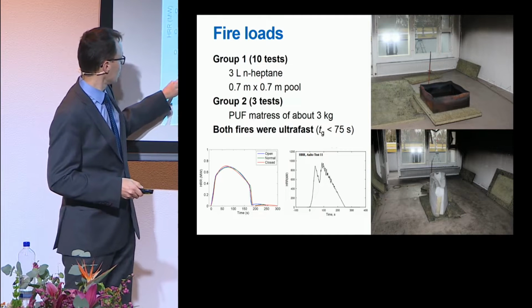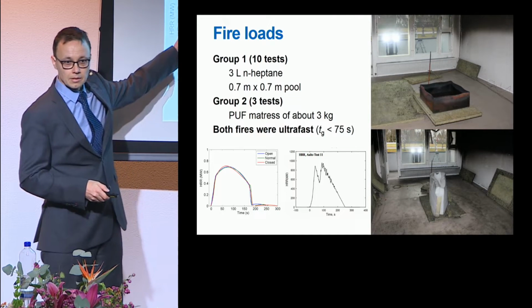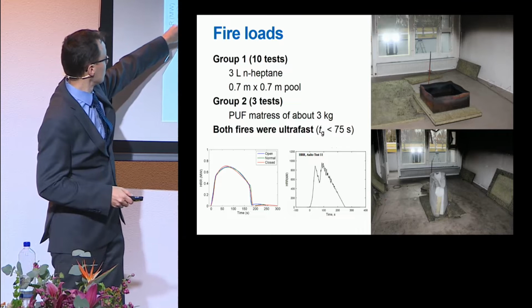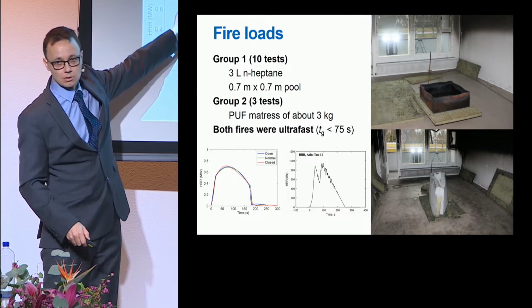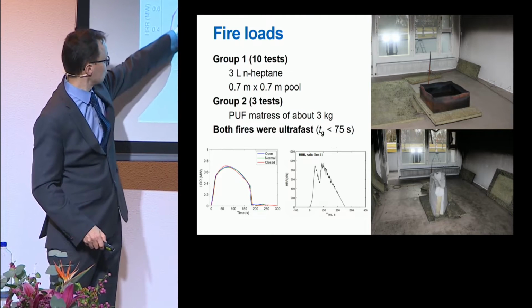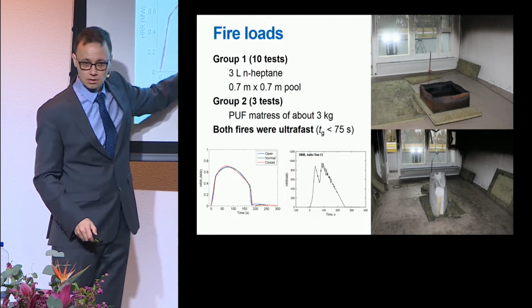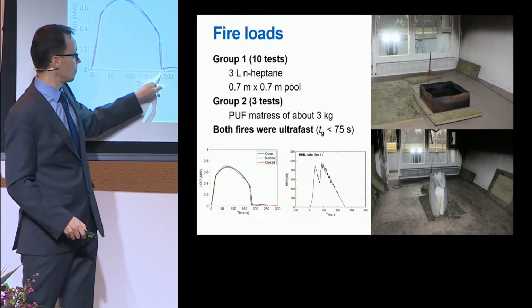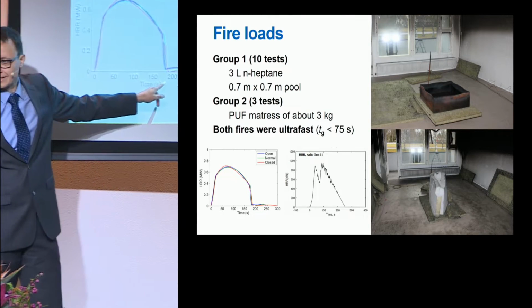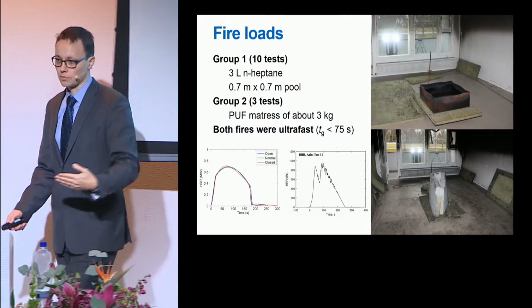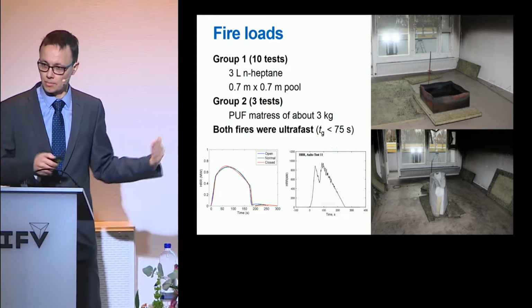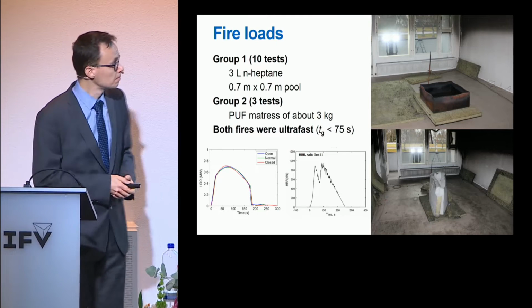The fire starts and develops in an ultra-fast manner, reaching the peak heat release rate of about 800 kilowatts in about 60, 70 seconds. There's going to be burnout at about 180 seconds due to the lack of fuel. It did not become oxygen limited in these fires.